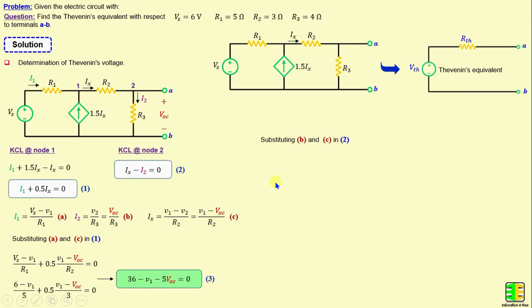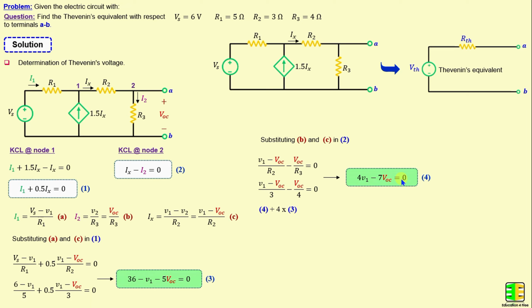And now by substituting B and C in 2, we can write V1 minus VOC over R2 minus VOC over R3 is equal to 0. If we continue simplifying this equation, we obtain 4 times V1 minus 7 times VOC is equal to 0.